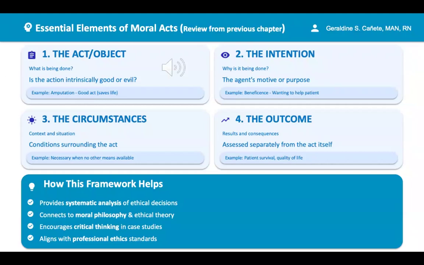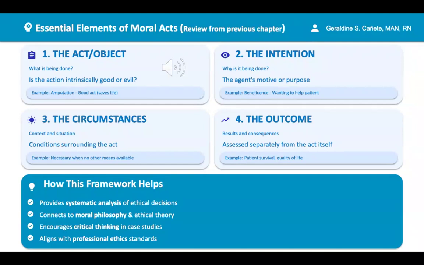Okay? Now for the outcome. These are the results and the consequences. These are the effects of the action. It's important to assess the outcome separately from the act itself. Like, for example, patient survival, quality of life.